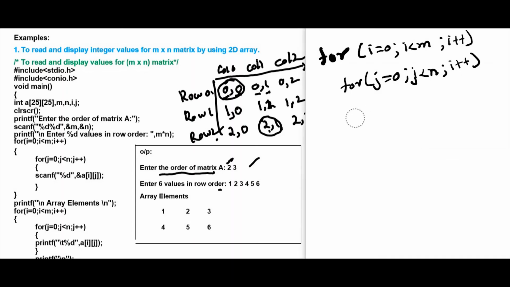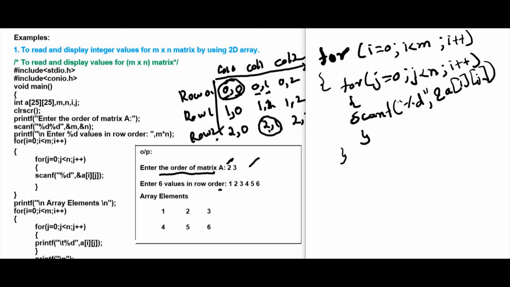We have scanf %d, ampersand a of i j. So this is the body of the inner for loop. This is the body of the outer for loop.